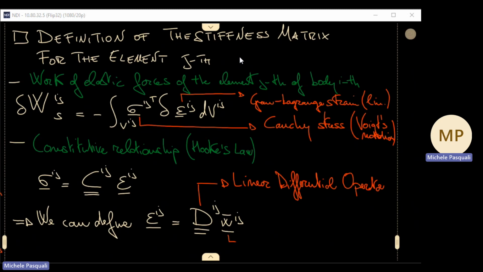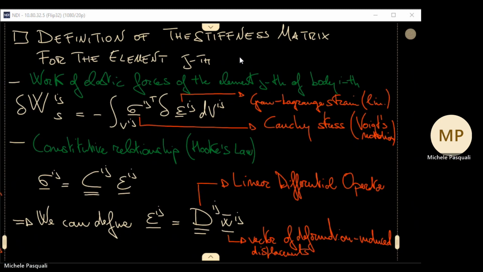And this is the vector of deformation-induced displacement at element level, because at body level it was U over bar, if you remember. So this is at element level. In fact, it has a J between the superscript.